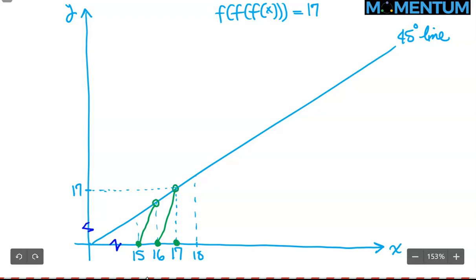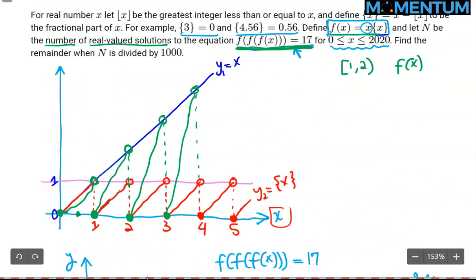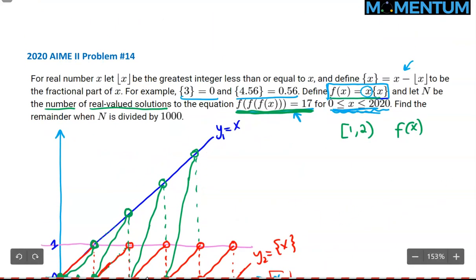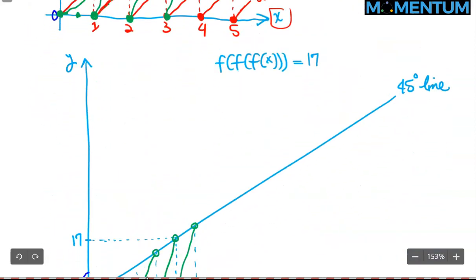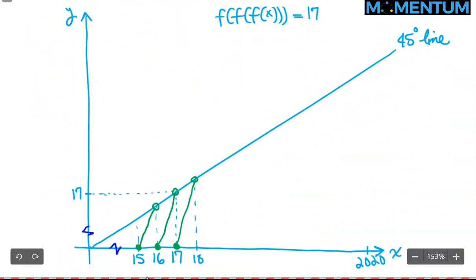And then finally, the interesting part, we will get this as well, and throughout to the end. The interval of interest was up to 2020. Let me check. Yes, x is between 0 and 2020. So 2020 there, and I want to mark our limit here. That's our limiting point. There you go, something like that.